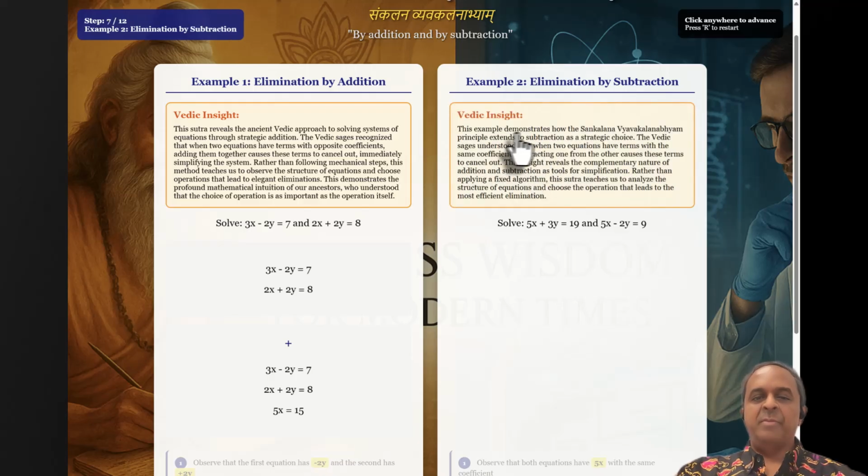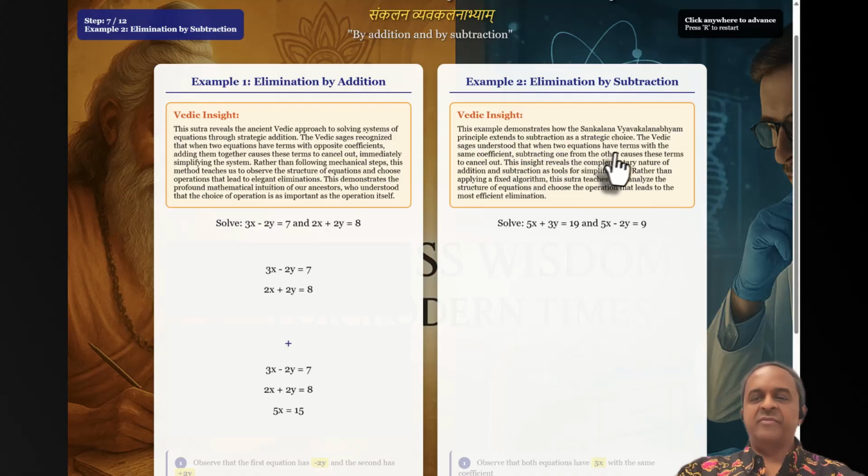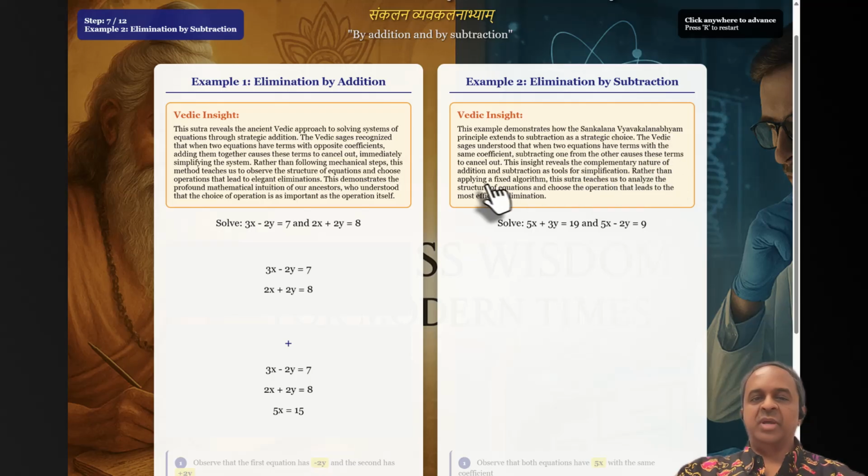This example demonstrates how the Sankalana principle extends to subtraction as a strategic choice. The Vedic sages understood that when two equations have terms with the same coefficient, subtracting one from the other causes these terms to cancel out.